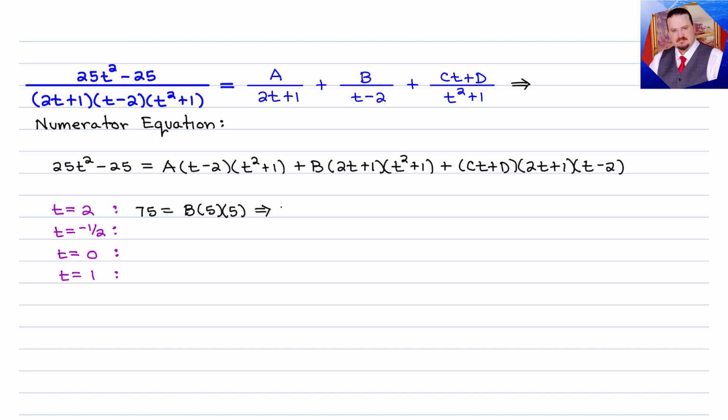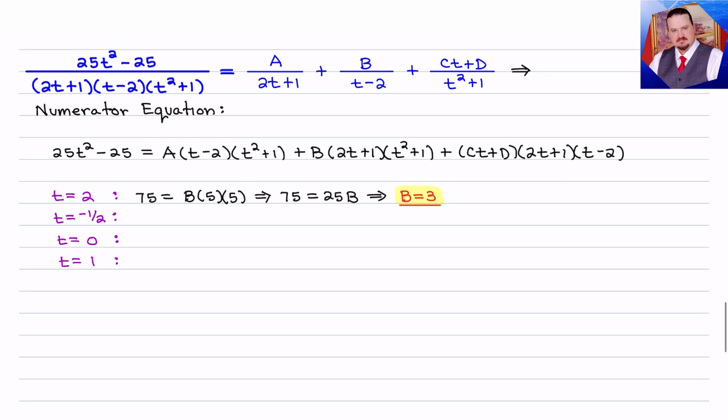So here we have 75 is 25b. What's b equal to? Divide both sides by 25. b is equal to 3.